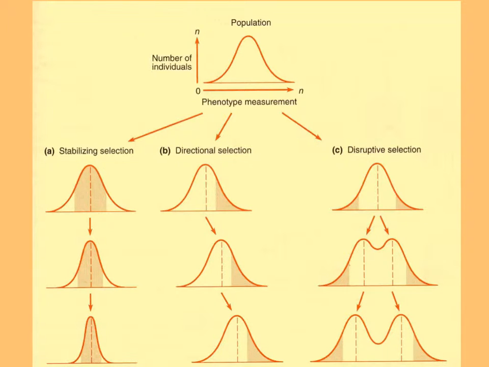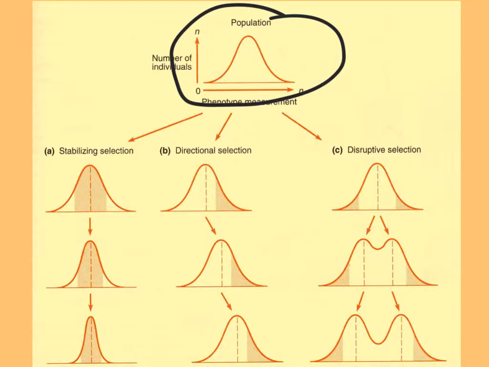this population, and the phenotypic measurement can be, let's say, coat length or behavioral phenotypes and anything like that. And then on the y-axis we have the number of individuals.